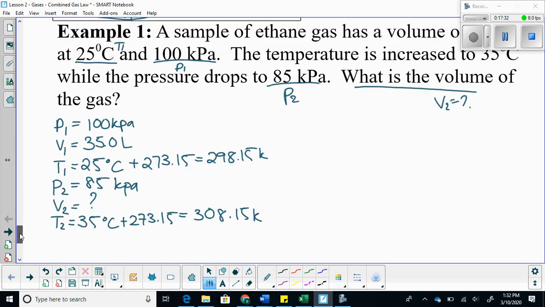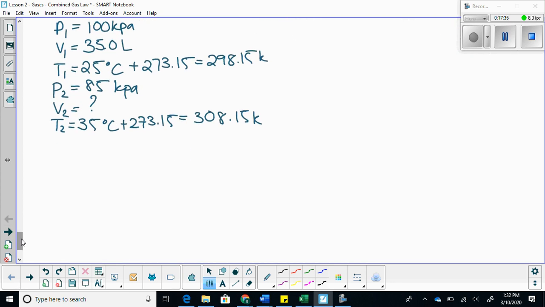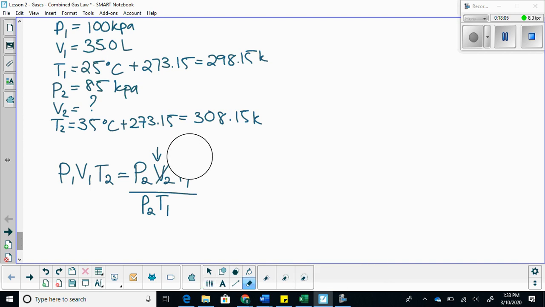I'm going to scroll down. The formula that we will be using: P1, V1, T2 is equal to P2, V2, T1. Please be careful when you're plugging formulas in. We need to isolate for V2, this guy here. So what do I need to do to isolate for this? Divide by P2 and T1. Sorry, P2, V2, T1.